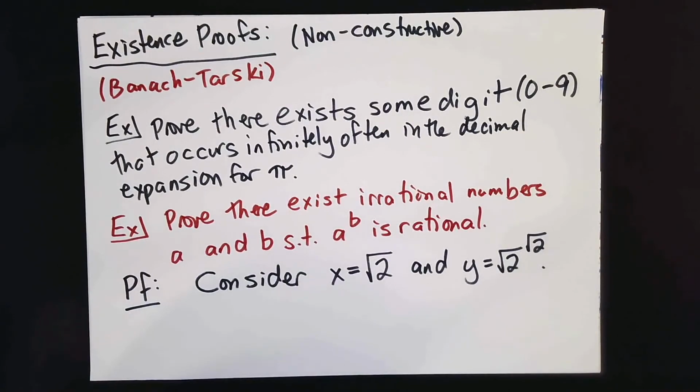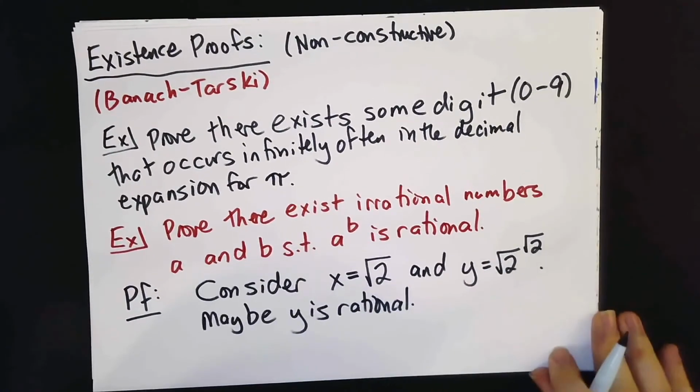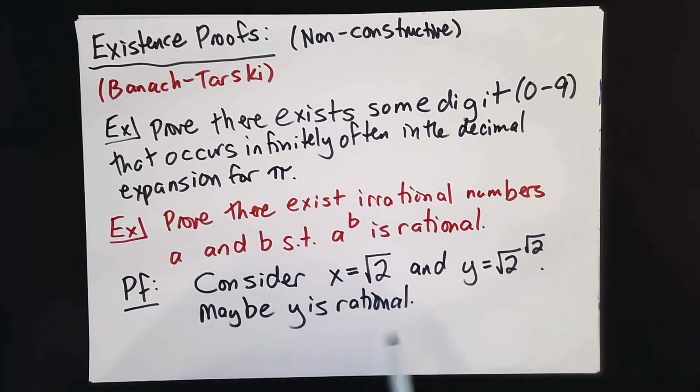So to start with, I'm going to note that maybe y is rational. This is a completely content-free sentence, by the way. Maybe anything. It either is rational or it isn't, but I have no idea if it's rational or not. It's not exactly like you can type it in a calculator and see if the digits repeat, because maybe the digits do repeat, but not until you get to the 7,000th digit or something.